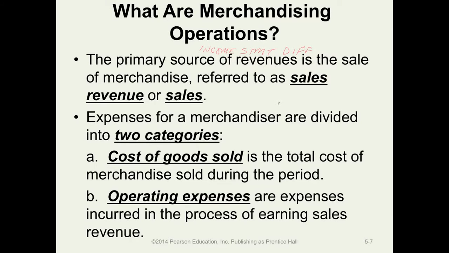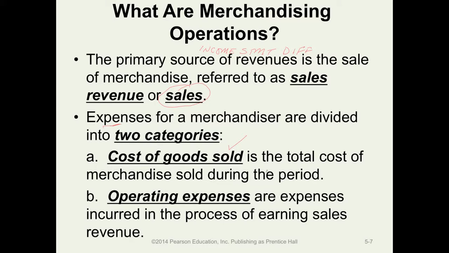versus a service provider, if you're selling merchandise, you now have sales or sales revenue. Before, with Smart Touch, you were consulting, you'd have service revenue. And then on the income statement, your expenses will have two categories.